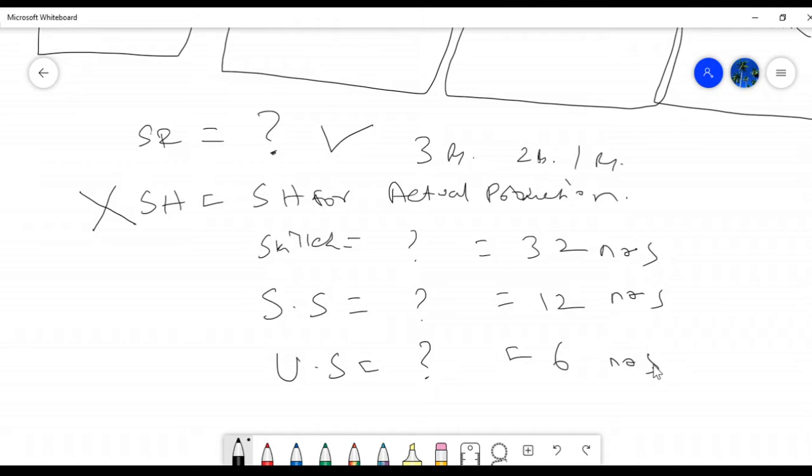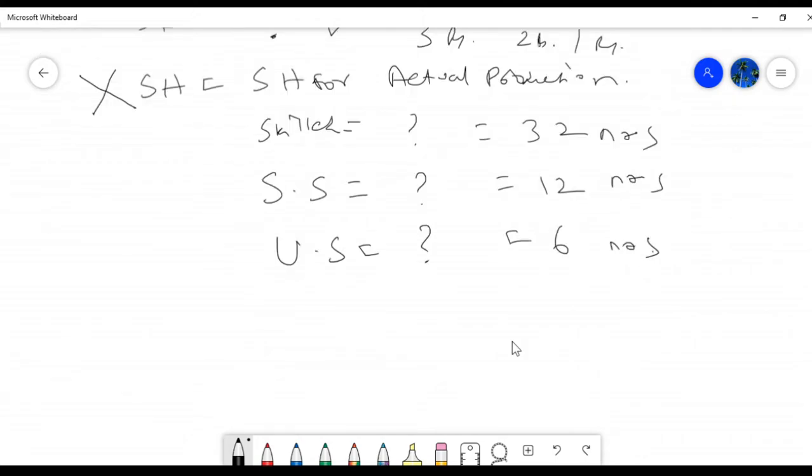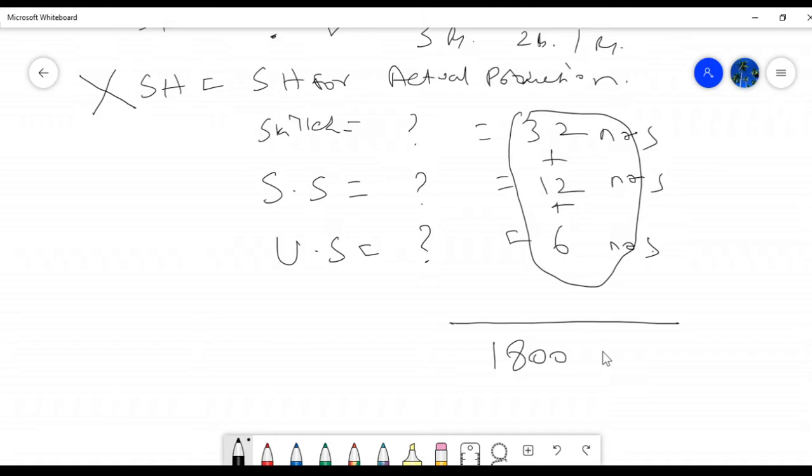But what they said is, these three categories together, 32 plus 12 plus 6, produced 1800 labor hours per week.